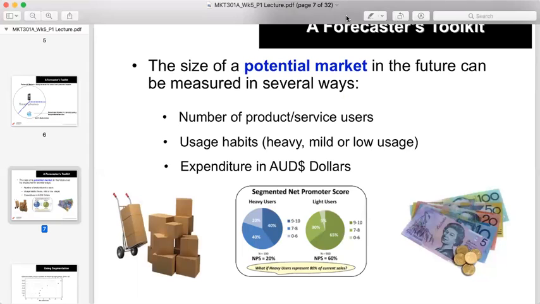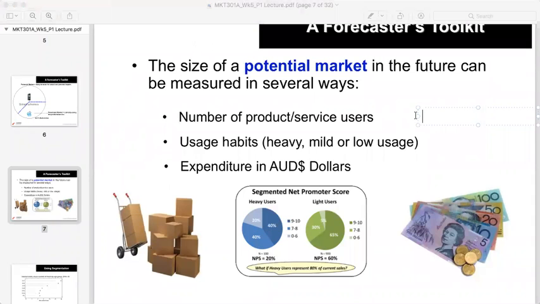So let's say in certain product categories, we have, let's say, 2 million potential buyers, okay? And on average, they will buy 1 packet a week, okay?